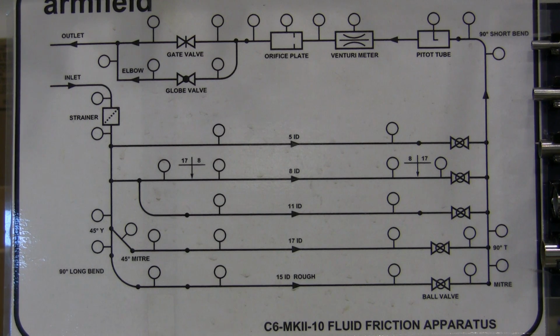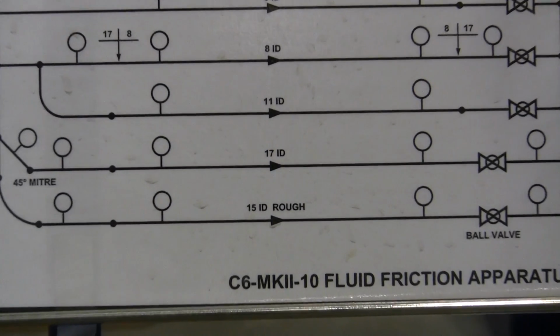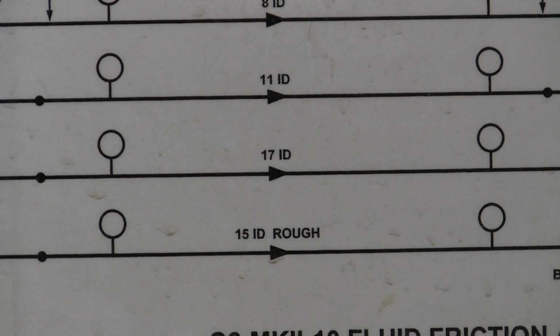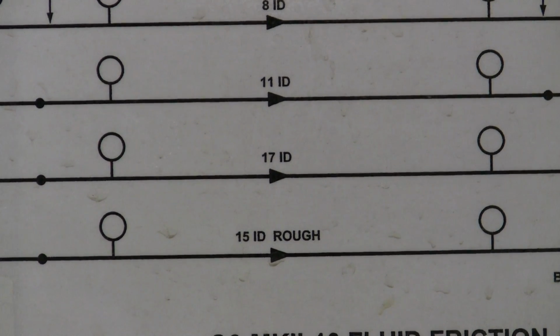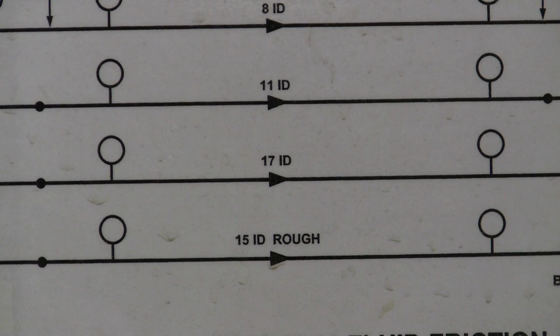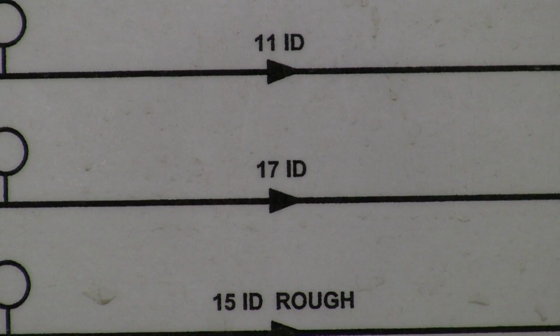And so here's the key to the different pipe diameters and where they're located. That bottom pipe is a 15 millimeter inner diameter artificially roughened pipe, but that is really just some sand that's glued onto a 17 millimeter inner diameter stainless steel pipe.